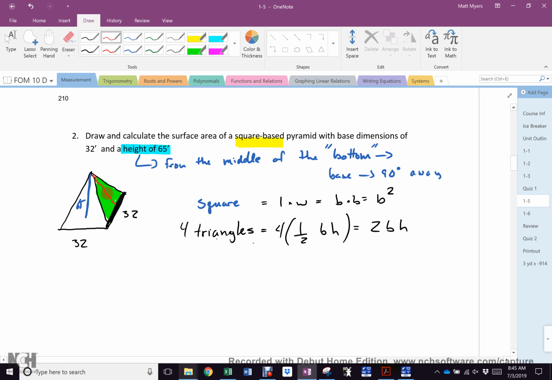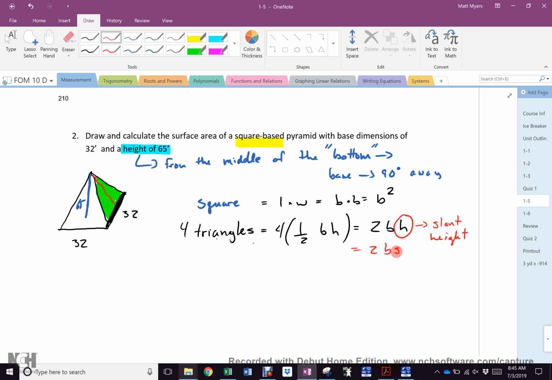That is the height of the side, isn't it? So this height, we can't call it height because we've already called this height. So this one we call the slant height. So this h, we actually write it as 2bs. Now everybody laughs when I say bs.